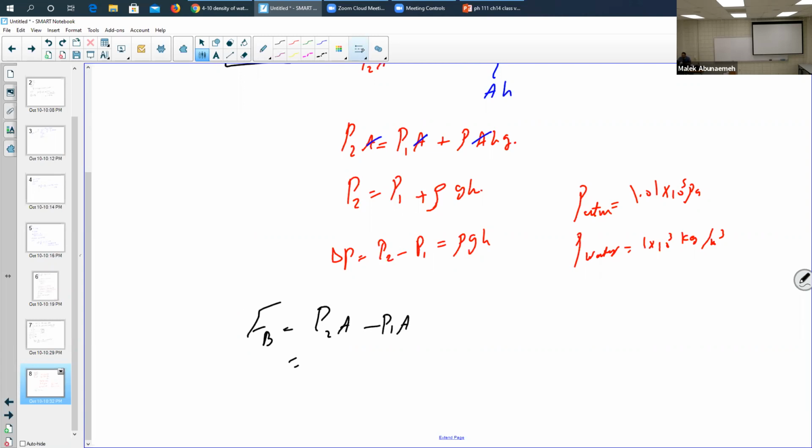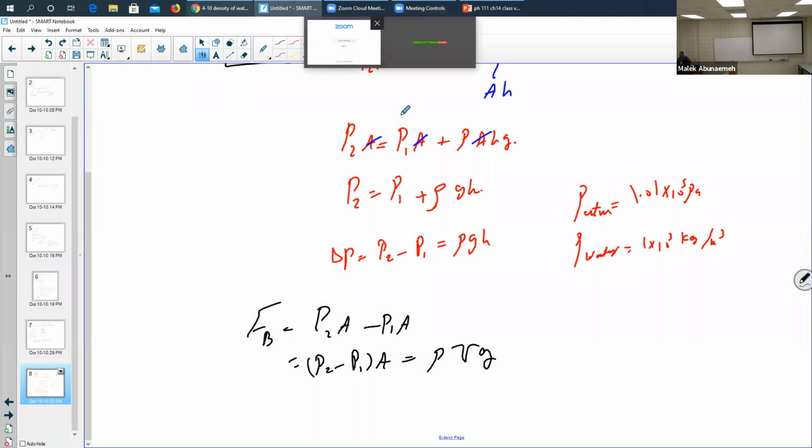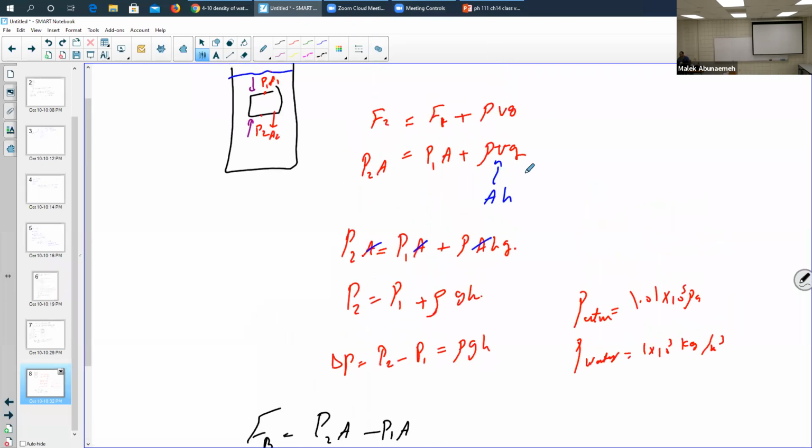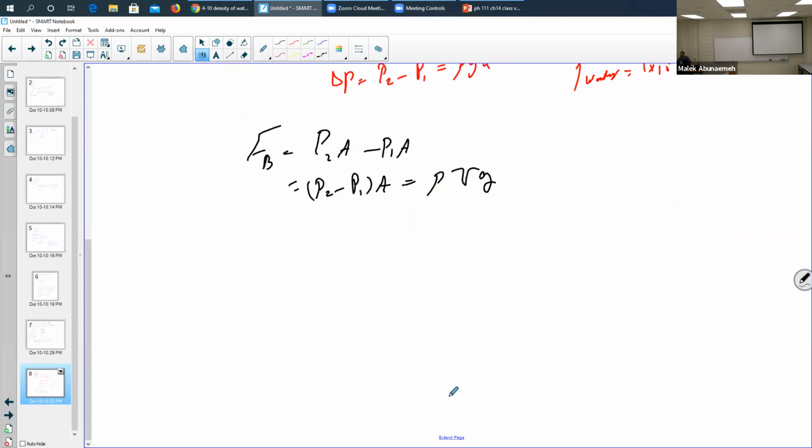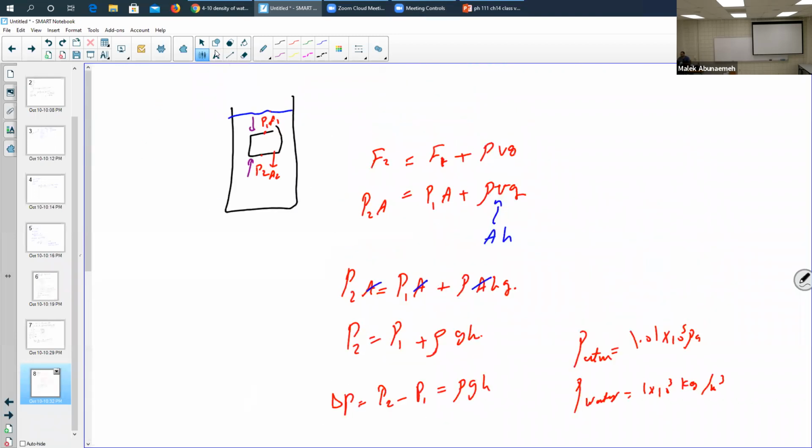And like we just saw a little while ago, that's going to equal P2 minus P1 multiplied by your area, which is going to be rho multiplied by your volume multiplied by your gravity, which is right over here, the buoyant force. Actually, let me go ahead and write in the buoyant force on this one.